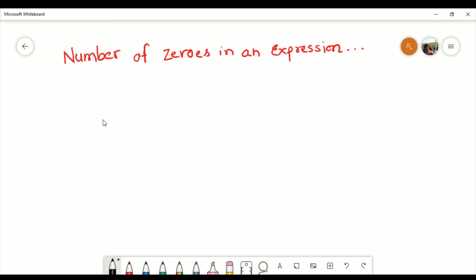So for example, let's say we are given an expression 24 into 32 into 17 into 23 into 19, and we have to find how many zeros are in this expression when it is solved.